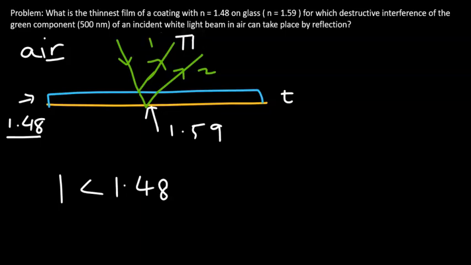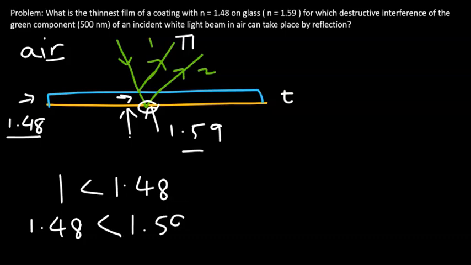What about ray 2? Ray 2 gets reflected here. That means initially it's traveling in the film or the coating, and it hits the reflective surface whose index of refraction is 1.59. So since 1.48 is the index of refraction of the first medium and it is less than 1.59, which is the index of refraction of the second medium as far as ray number 2 is concerned, it will also go through a half cycle phase change.